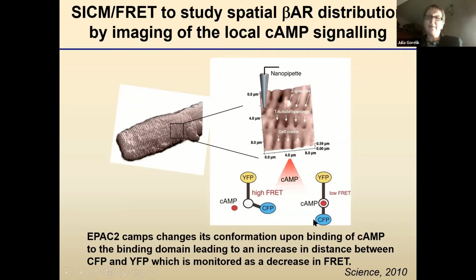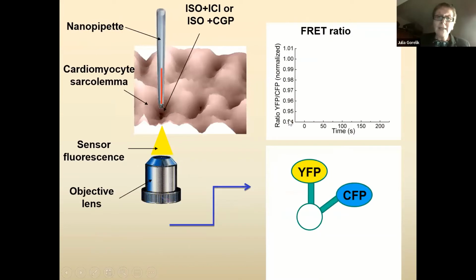We did a very simple experiment: we infected the cardiomyocytes with a virus carrying this fluorescent FRET sensor, and we activated the beta-adrenergic receptors through the pipette and measured the FRET in the local region.